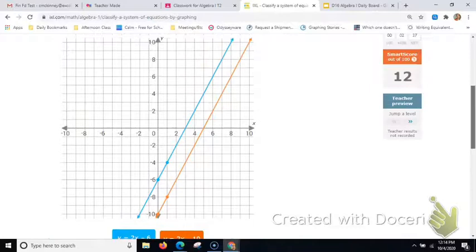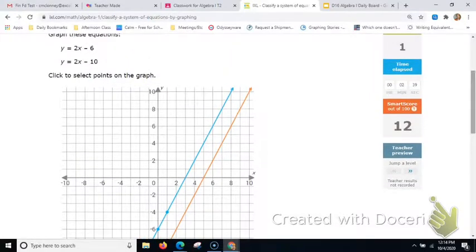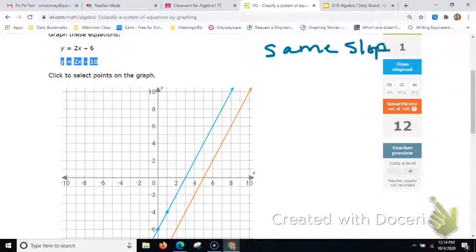Again, they're parallel. So what we see is the same about these parallel lines is when they're parallel, they have the same slope. So same slope, exactly the same. They are parallel.